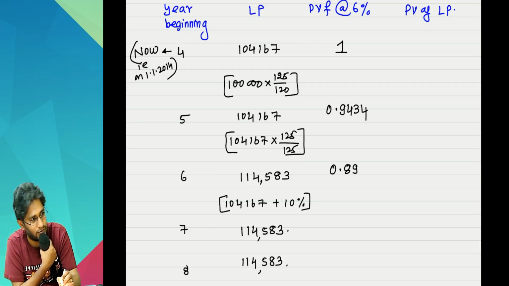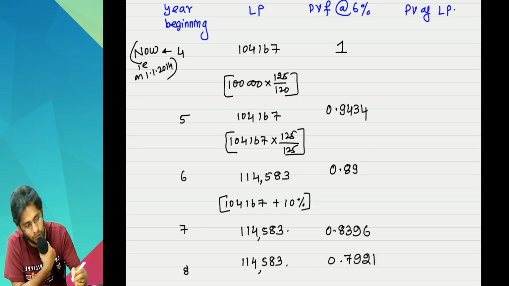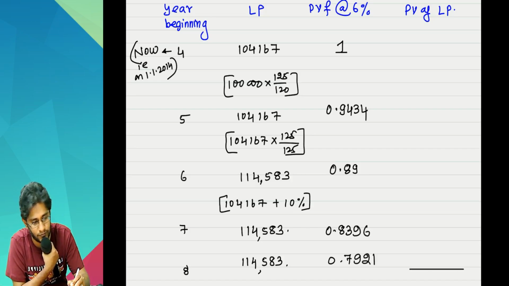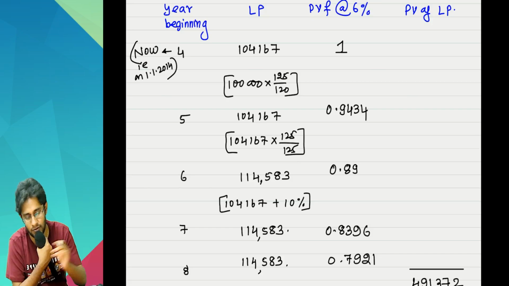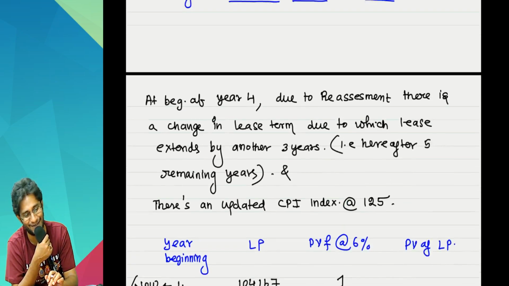Only that much. This is sounding nice. Continue further: 0.8396. Next one. Total: 491,370. That's fast. Anyway, this is your updated lease liability.